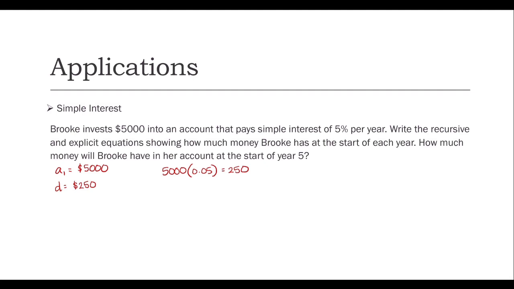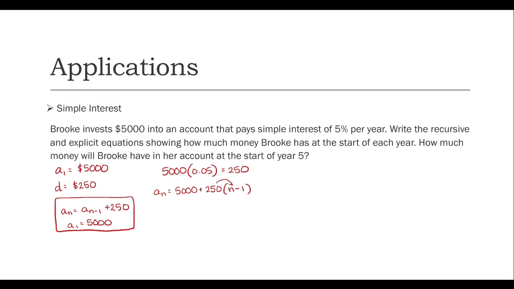Our recursive equation is then an equals an minus 1 plus our difference, so plus 250, where a1 equals 5,000. So that's our recursive one. For explicit, we have an equals a1, 5,000, plus our difference, 250, times n minus 1, which we'll distribute.